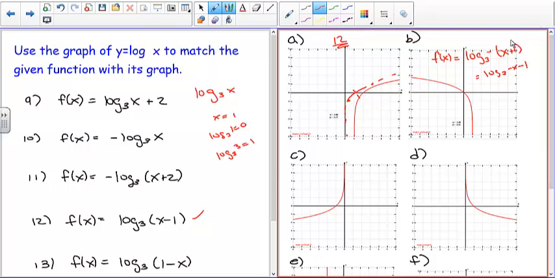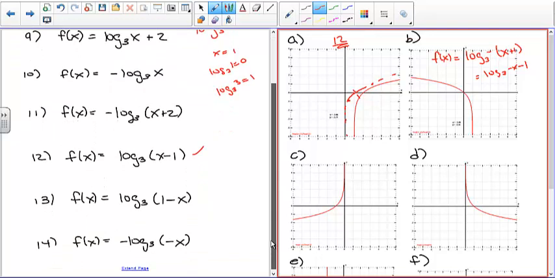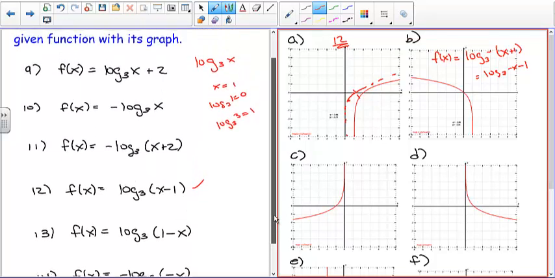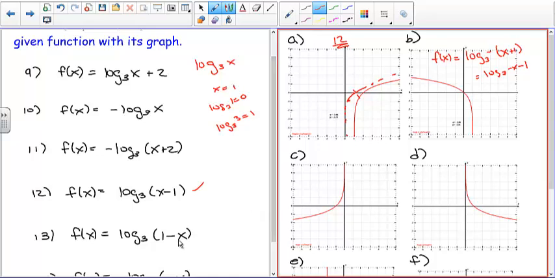Do we see either one of those? This is the one that looks most like it, except it's shifted. Oh, another thing that's happened is this thing has moved down, I think.